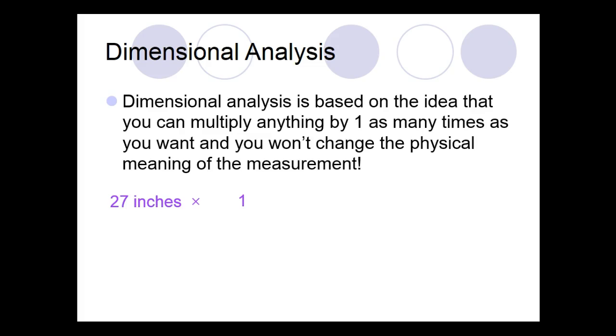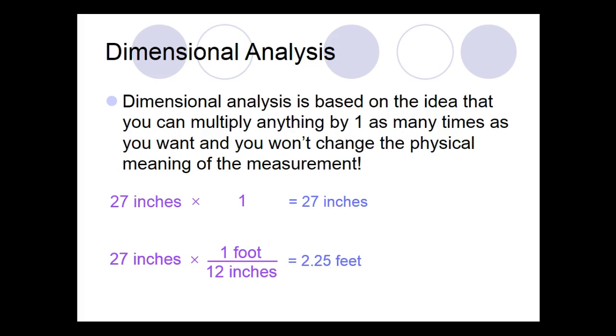So dimensional analysis is based on the idea that you can multiply anything by 1 as many times as you want, and you won't change the physical meaning of the measurement. So you're going to multiply 27 inches by 1, but in order to multiply it by 1, we need an equivalent that's the same as inches. So 27 inches times 1 foot divided by 12 inches will give you 2.25 feet, and that's the same exact thing.